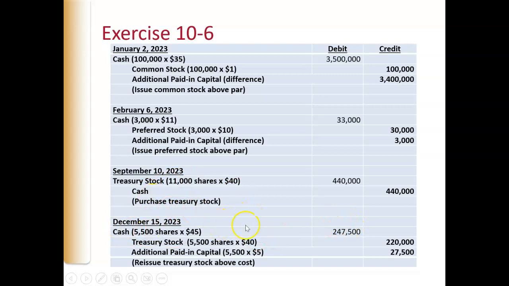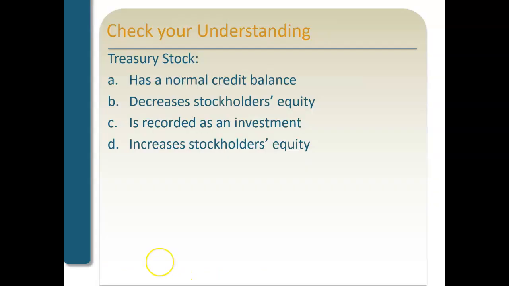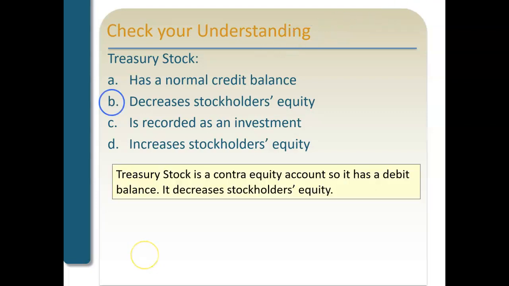So the 5,500 shares at $40 a share, the 220,000 here, and the difference will go to additional paid-in capital. In this case, we're crediting additional paid-in capital. But if we reissue it for less than what we had purchased it for, we might debit additional paid-in capital. Correct? Treasury stock has a normal what? A? B? B.